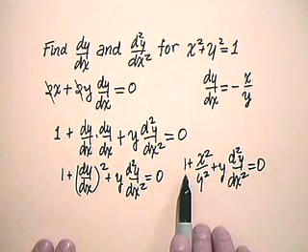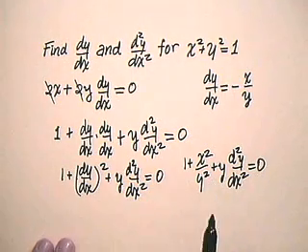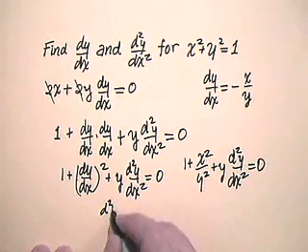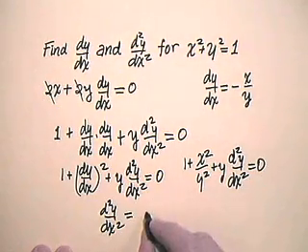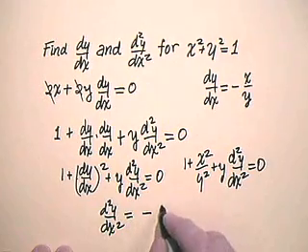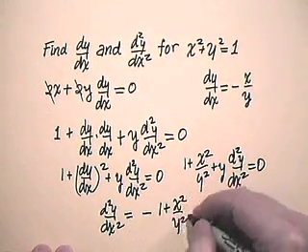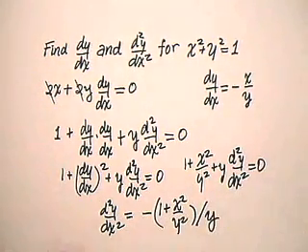Just move the terms without the d squared y/dx squared to the other side and then solve. So in this case, we have d squared y/dx squared equals the negative of the quantity 1 plus x squared over y squared, all divided by y.